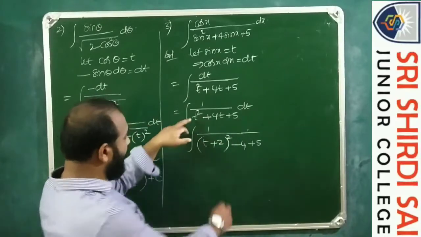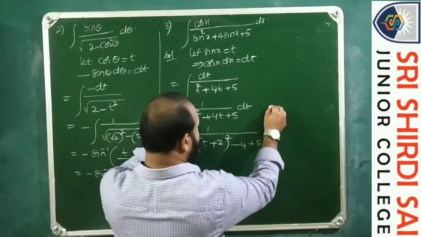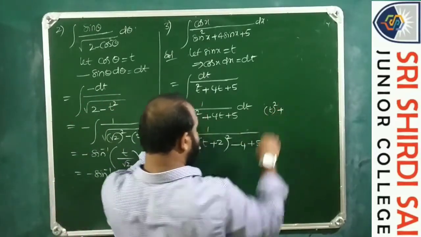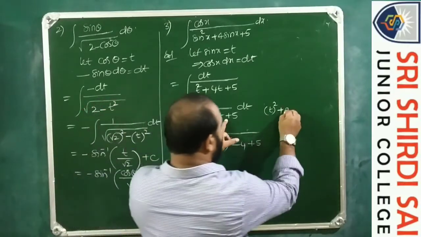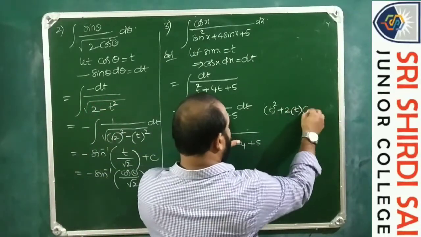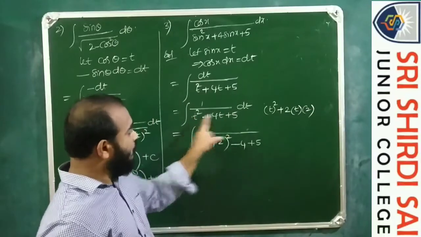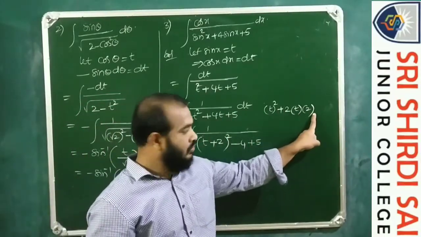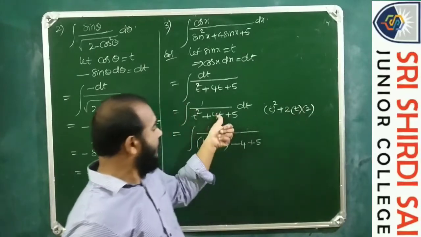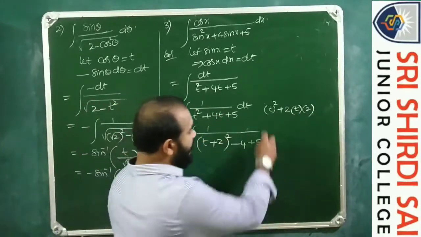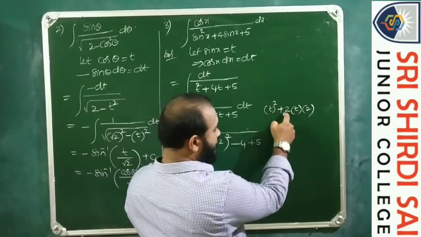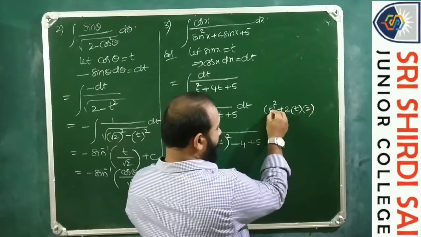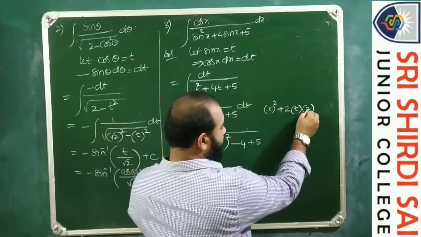So here what we are doing is, t square is t whole square, and 4t can be written as 2 into t into 2. So t square is t whole square, 4t is 2 into t into 2; 2 2s are 4, 4 into t, 4t. So this is a square plus 2ab, with a being t and b being 2.